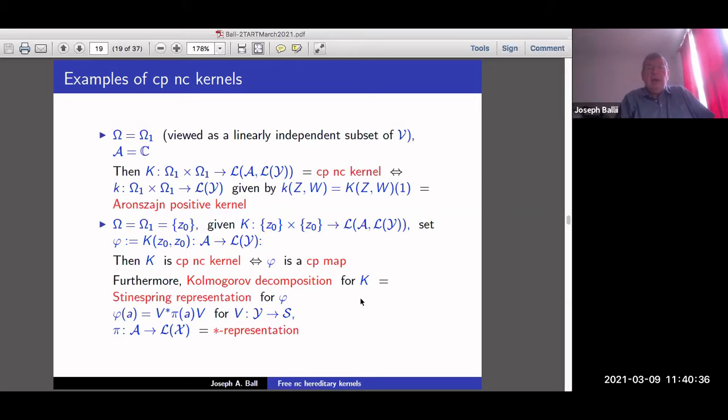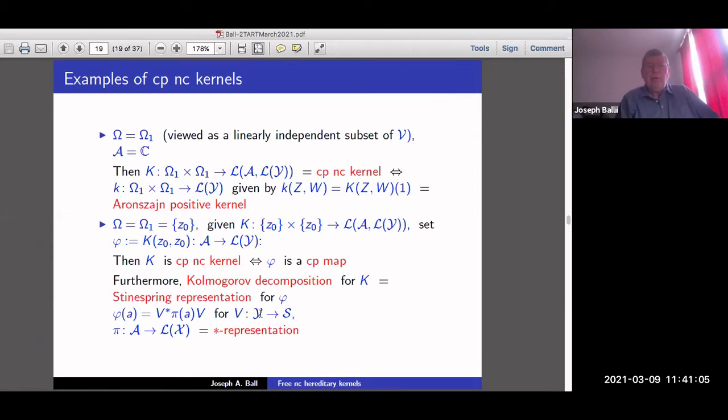And then furthermore, the Kolmogorov decomposition for K, the big K, collapses to just the Stinespring representation for phi, which means that for a in the C-star algebra, phi of a has this representation. V, as I forgot to say, is an isometry. And it's not S, it's X. I was getting tired here.